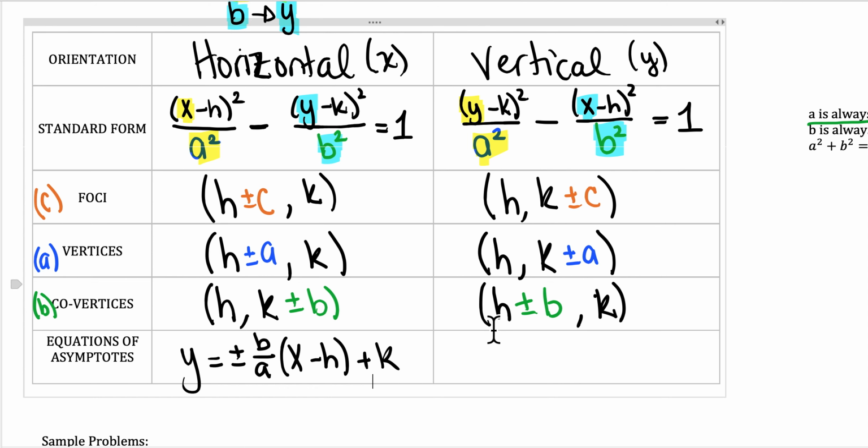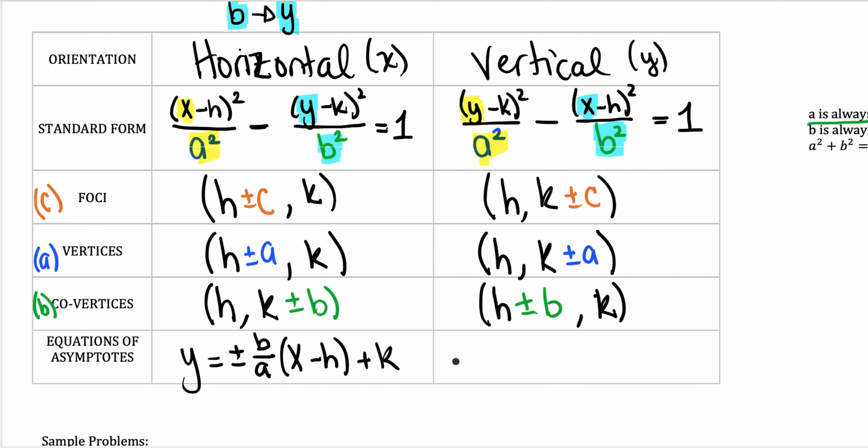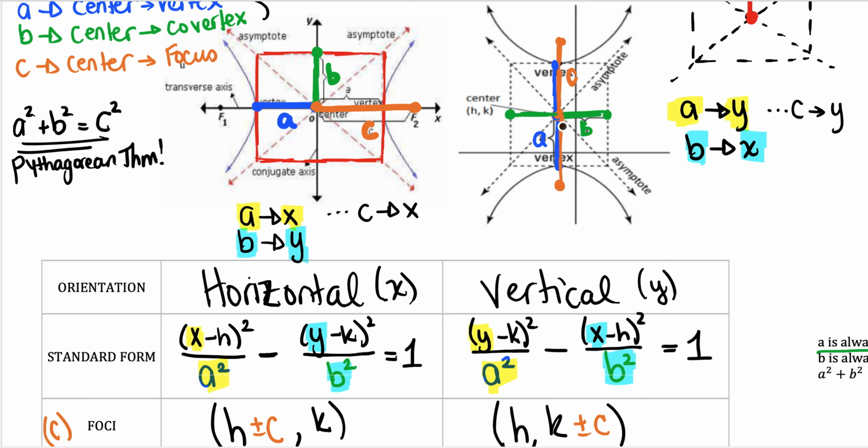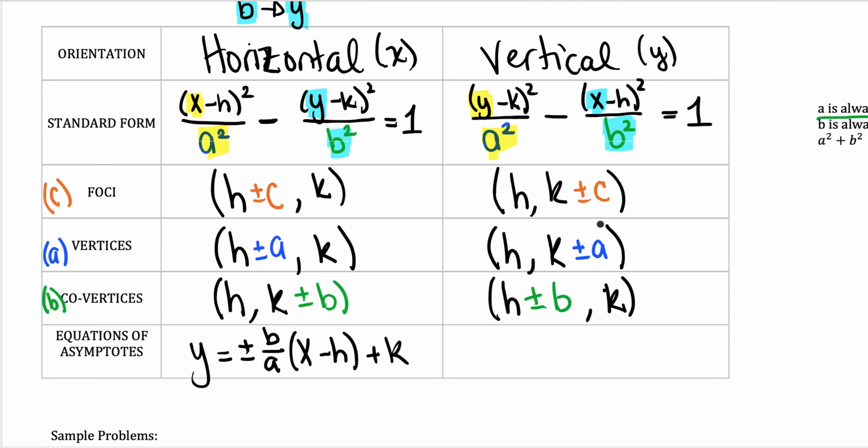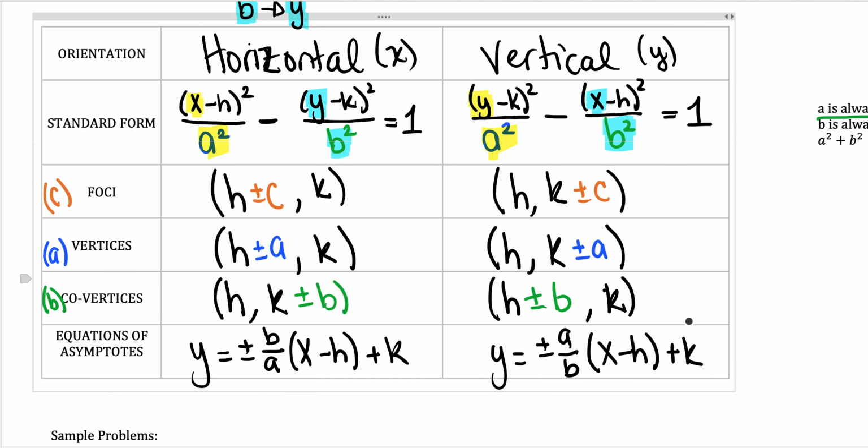And then we have the next one, which is the same concept, except here it's going to be a over b. So it's y equals plus or minus a over b, times (x minus h), plus k, and then you would just expand it.